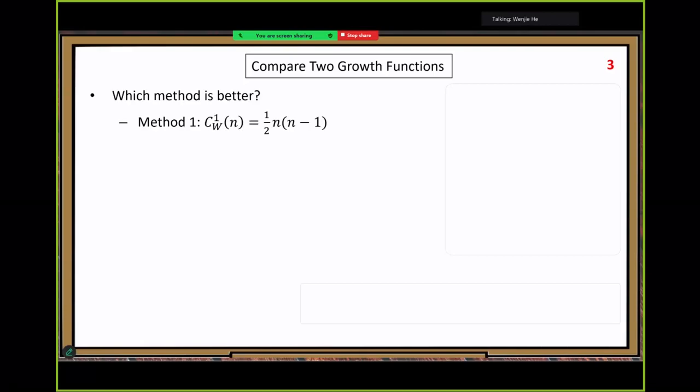Then method 2, the C function. First, organizing data, we need n log n, right? We do sorting, quick sort for example, the best sort we can find. So n log n.